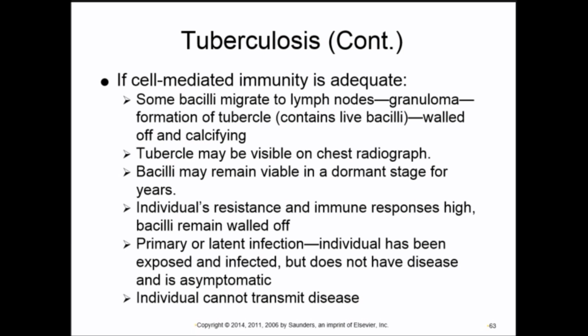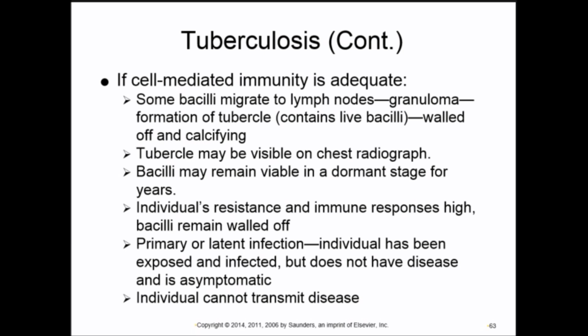This means this is primary TB because it didn't go anywhere else. The macrophage eats it and takes it to the lymph nodes. It will stay there, laying some calcium around it. We can see it in the X-ray, and it's still alive.